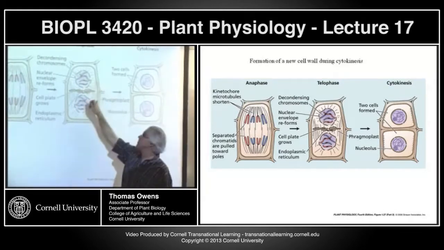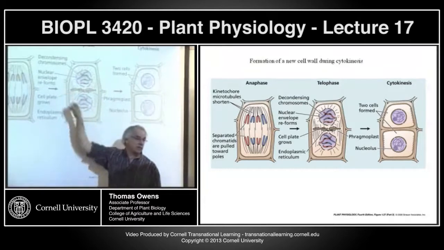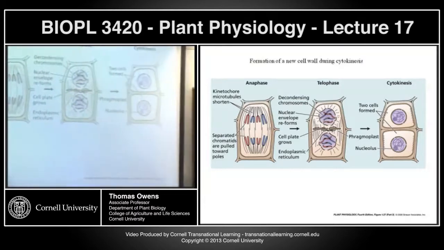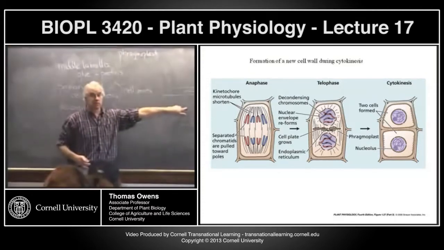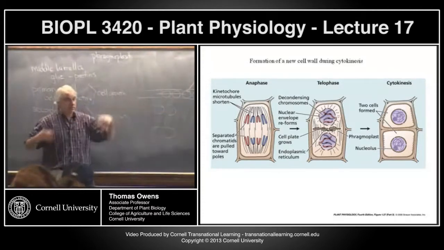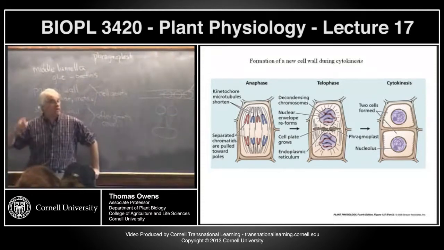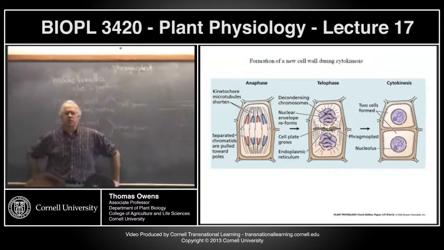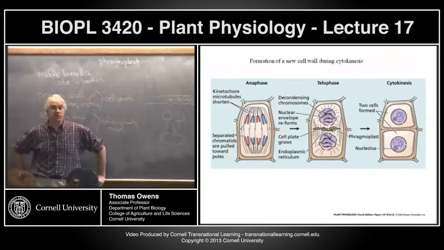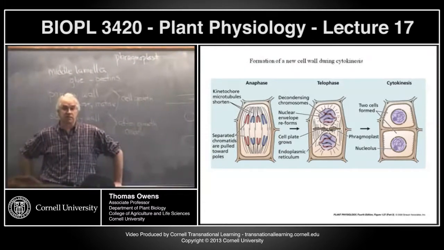You got one plasma membrane here and the other plasma membrane there, okay? And then all the stuff that was enclosed in those vesicles becomes the middle lamella, right? So two things are accomplished simultaneously by these Golgi-derived vesicles and their fusion along this phragmoplast, right?